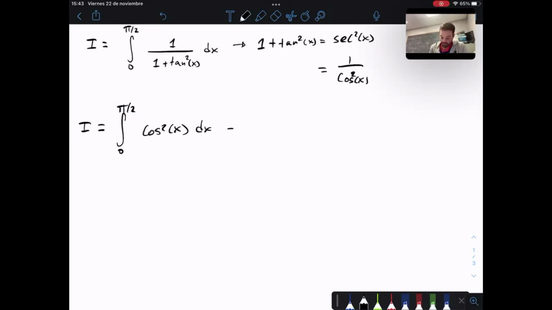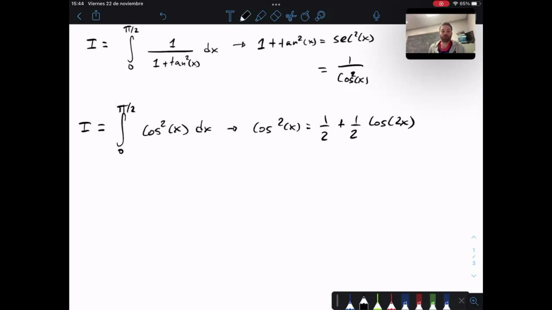Then we can use another trigonometric identity, which basically tells us that the square of the cosine, as we have here, can be written as 1/2 plus 1/2 of cosine of 2x.